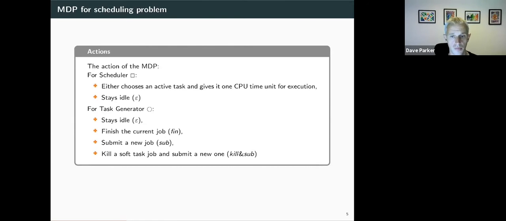At their state, the scheduler can either choose an active task and give it one CPU time unit for execution or can stay idle. The task generator has 4 possible actions: do nothing, finish the current job, submit a new job, or kill a job by a soft task and submit a new one. Then we update the next states accordingly.